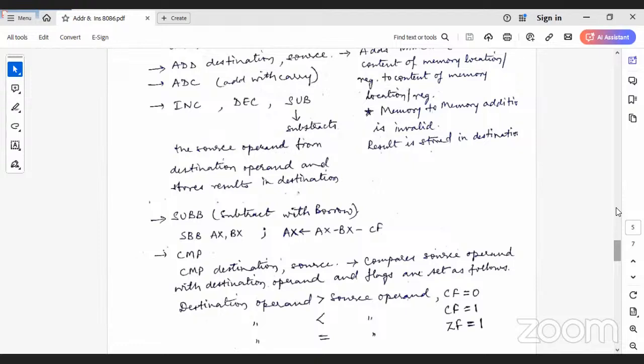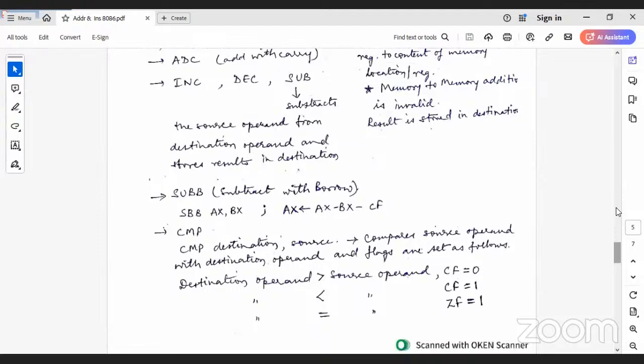So just as the result of addition is stored in the destination, the result of subtraction is also stored in the destination itself. Both are similar, this is addition, this is subtraction. The only precaution is that memory to memory addition is not valid. It will not work out, and it will show a syntax error.